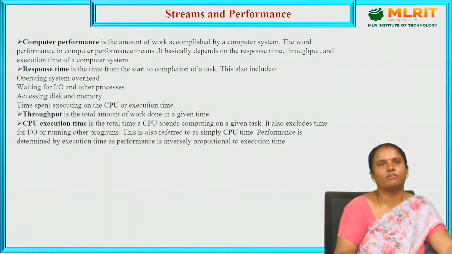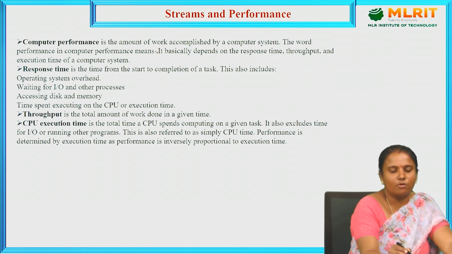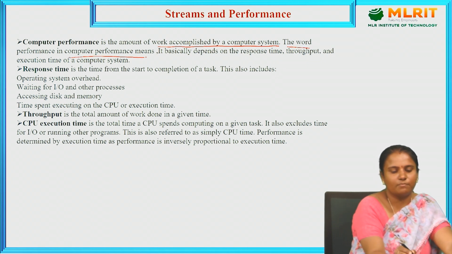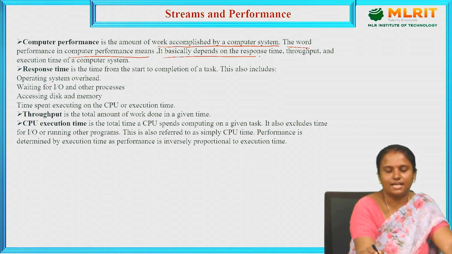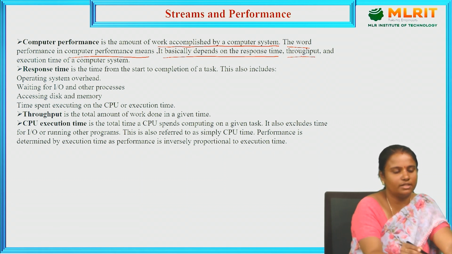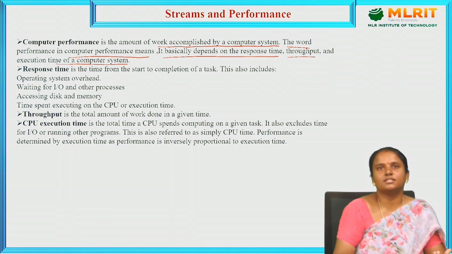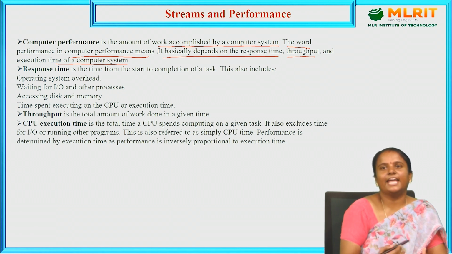Next, computer performance, and what do you mean by response time, throughput, and CPU execution time. Performance is the amount of work accomplished by a computer system. The word performance in computer performance basically depends on the response time, throughput, and execution time of the computer system.